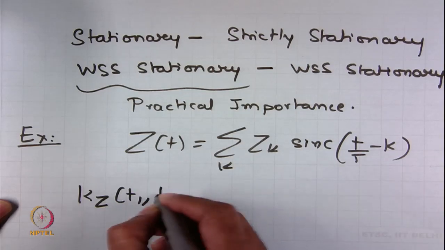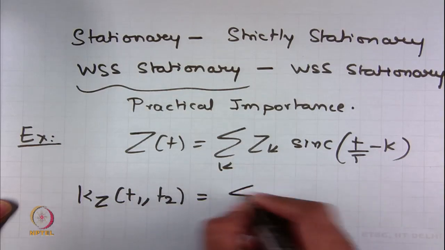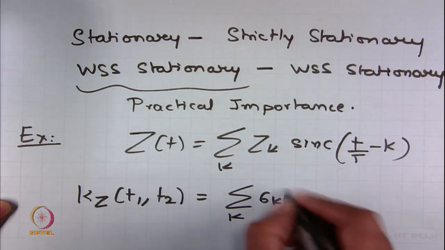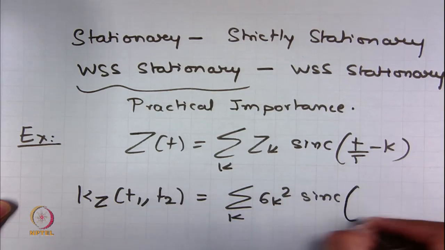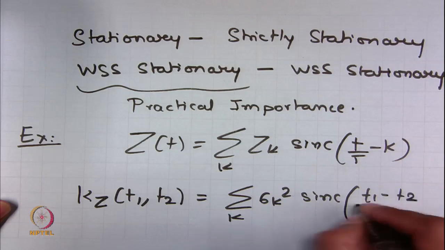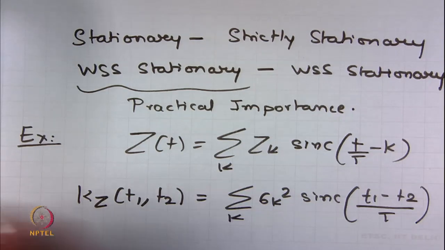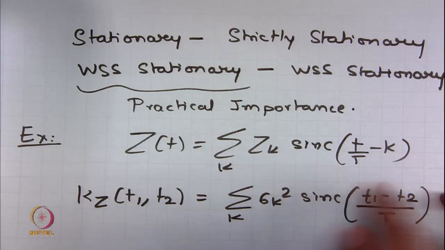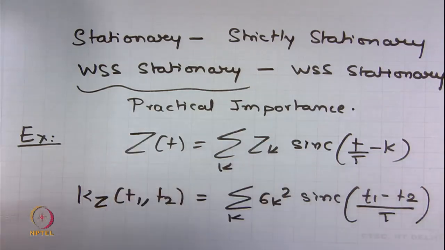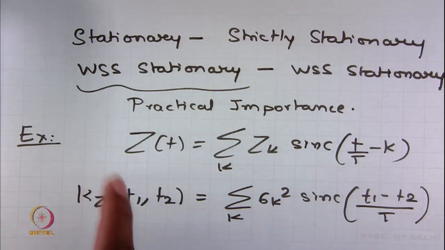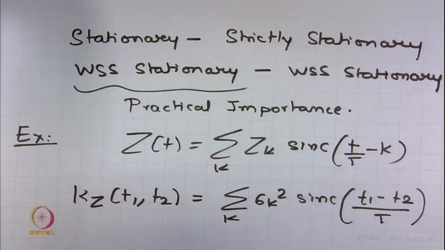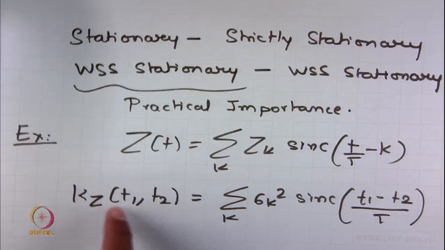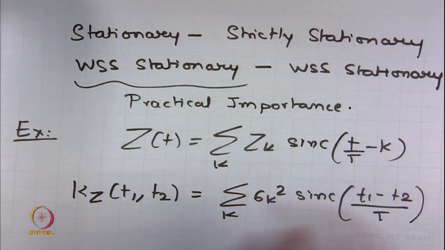If you remember, the covariance function for such a process can be calculated like this. We have already proven this. You can refer to one of the classes in which we calculated the covariance function of this random process, and what we observed then is that the covariance function evaluated at T1 and T2 does not depend upon the absolute values of T1 and T2, rather it depends upon the difference of these timing instances, right.